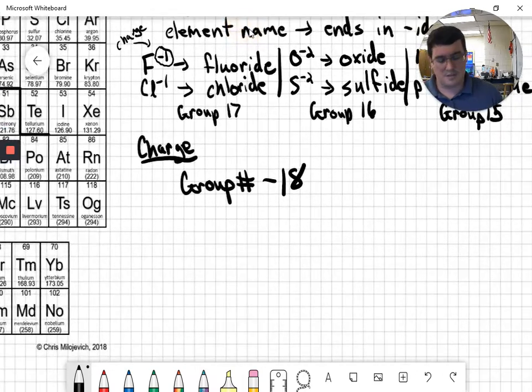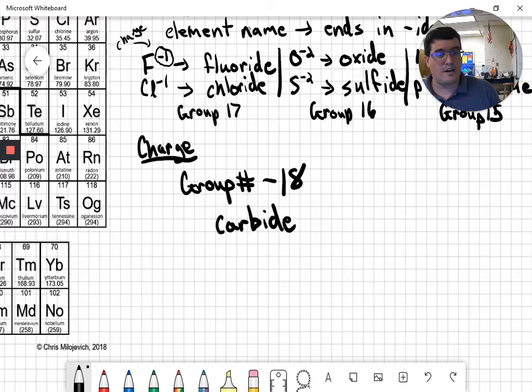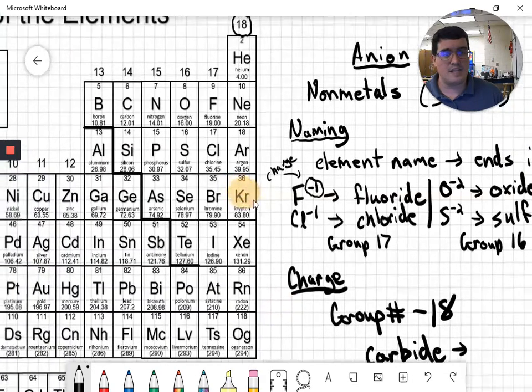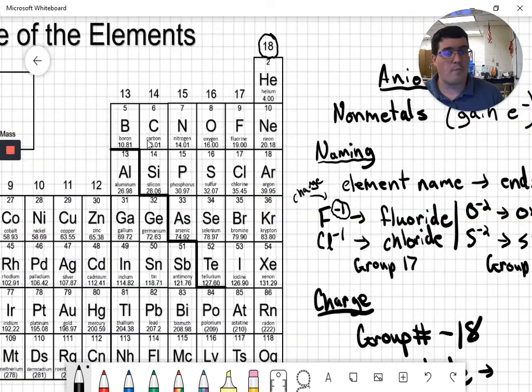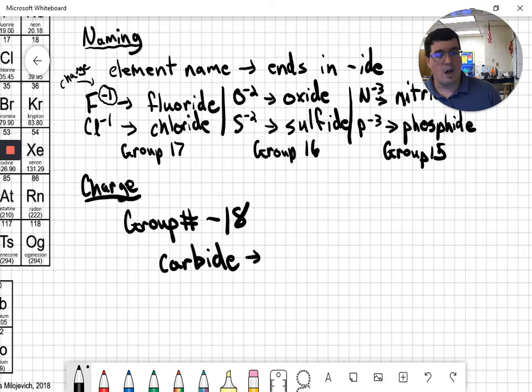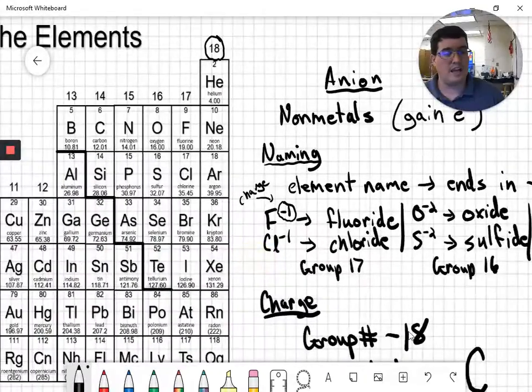Let's say somebody asked me, what would be the charge of carbide? To give you another one there. What element must that be? Well, the only element that's anywhere close to carbide is carbon. If I drop the O-N and make it an IDE, I'm getting an anion of carbon. So let's write the symbol for carbon, which is a big old C. Carbide ends in IDE, so I know it's a negative ion.